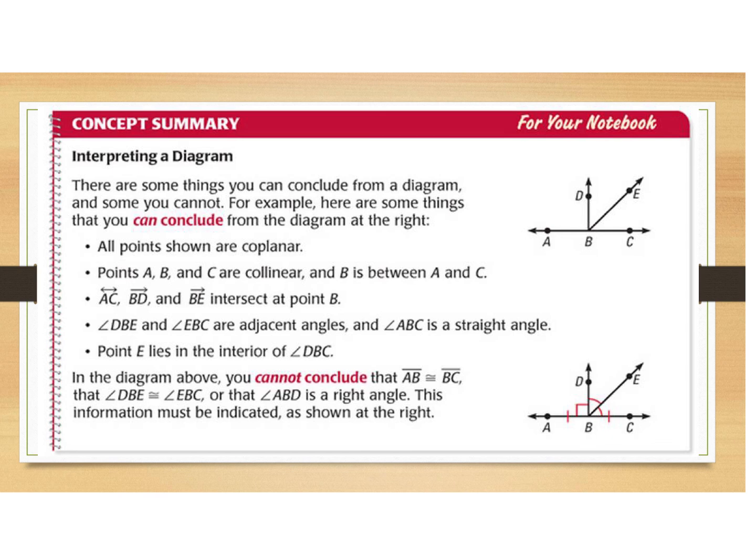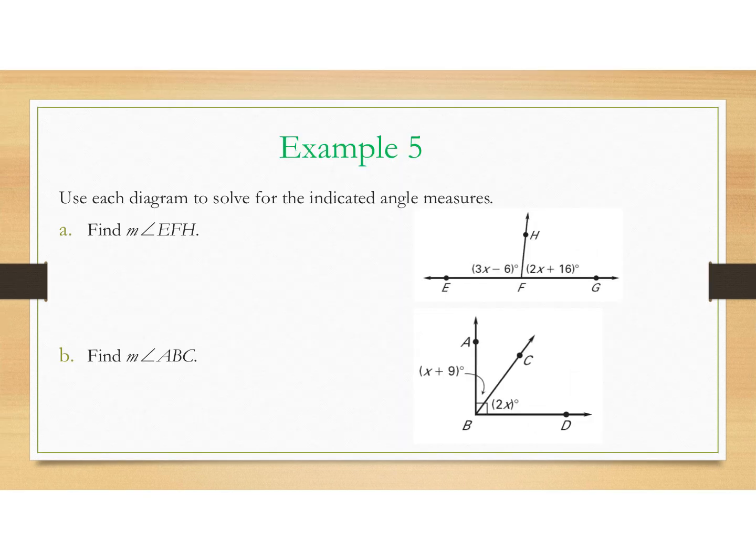Let's try the last example. So here it says to use the diagram to solve for x and to find the indicated measures. Notice what I can assume here is that EFG is a straight angle. This is a straight line, so it measures 180. So these two angles here are going to form a linear pair, and they're also supplements.